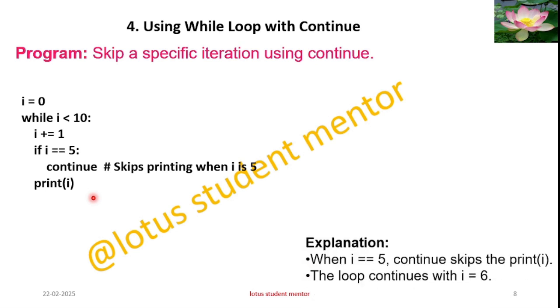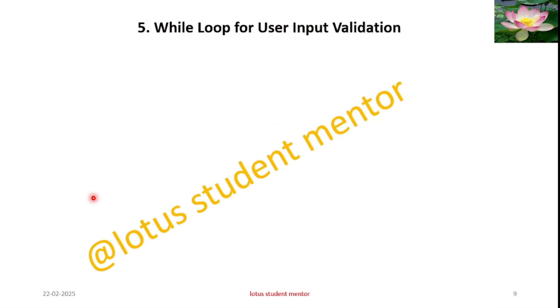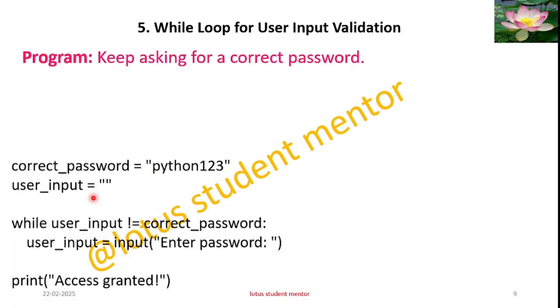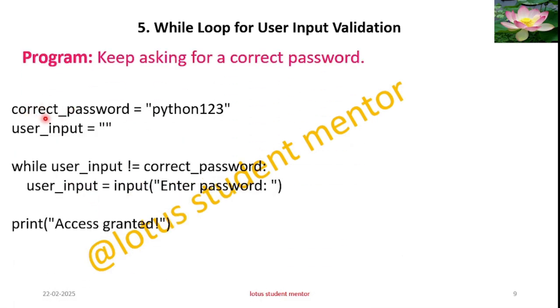The next case is user input validation, checking whether the user input is the correct password or not. Suppose in this case correct password equal to Python123. It is the password. We have to give the user input. While user input is not equal to correct password, it will ask you continuously to enter password.